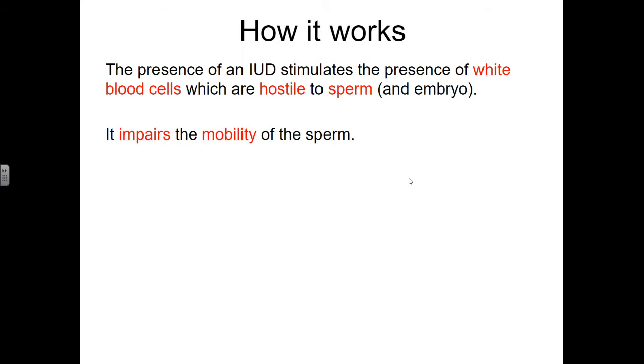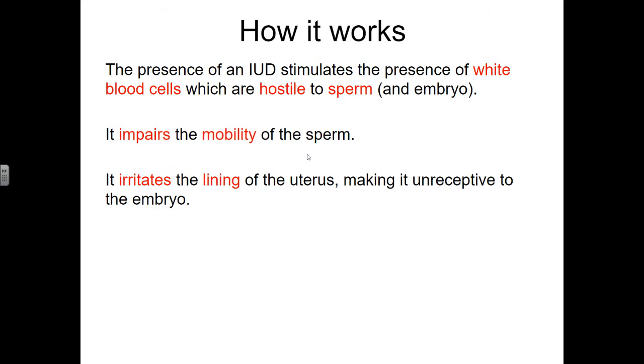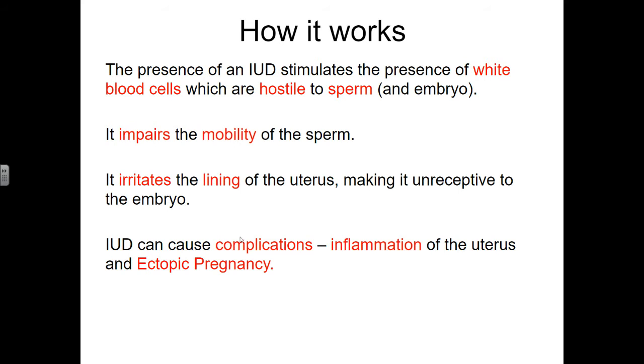So how it works. It stimulates the presence of white blood cells. It's actually a medical miracle that fertilization ever occurs. The uterus and vagina are a very hostile environment for sperm, and the IUD increases that hostility. It stops the mobility of sperm, irritates the lining of the uterus, making it so that even if fertilization does occur, it doesn't implant.